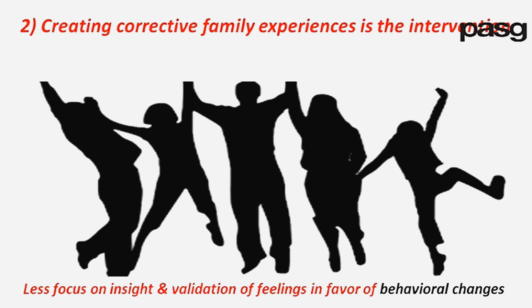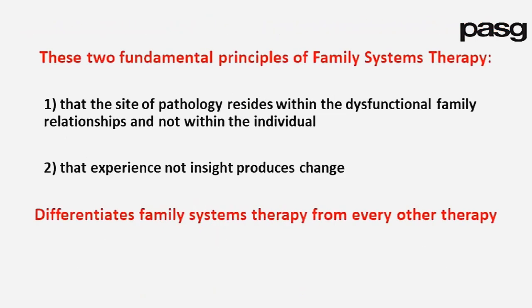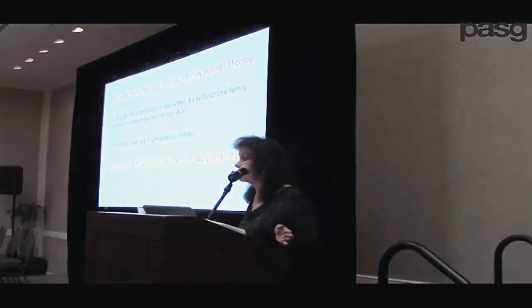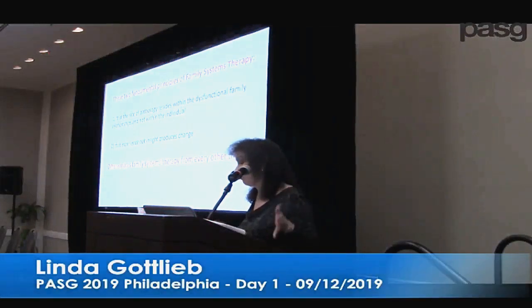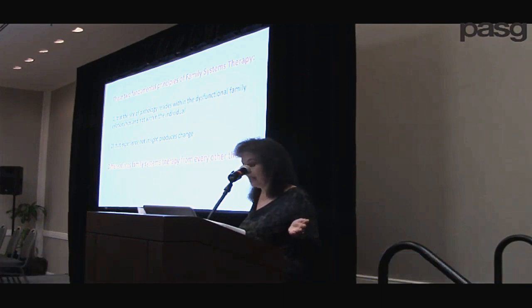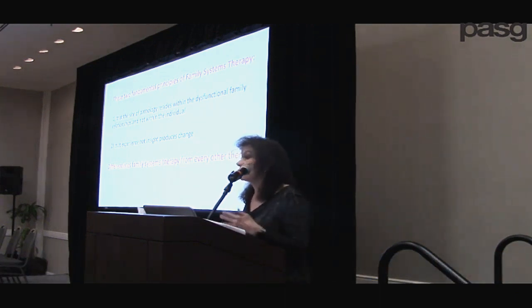So these two main differences separate family systems therapy from every other form of treatment. The site of pathology is in the dysfunctional relationships with both parents, the pathological enmeshment with the alienating parent, and words are meaningless. It's creating corrective behavioral interactions.